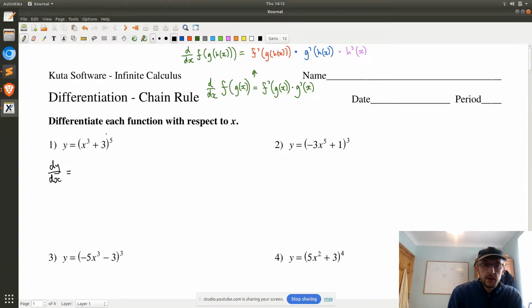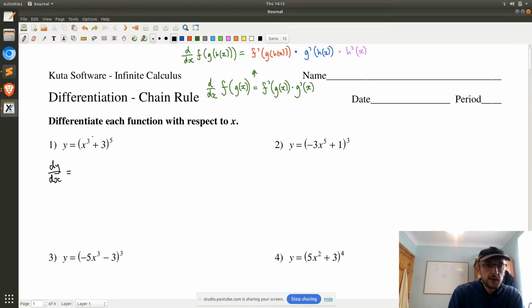Okay, so the outside function is where I'm raising something to the power of 5. And that's very easy for me to differentiate. It's literally just 5 blah to the power of 4. If something is raised to the power of 5, when I differentiate it, it ends up looking like this, doesn't it? 5 times blah to the power of 4.